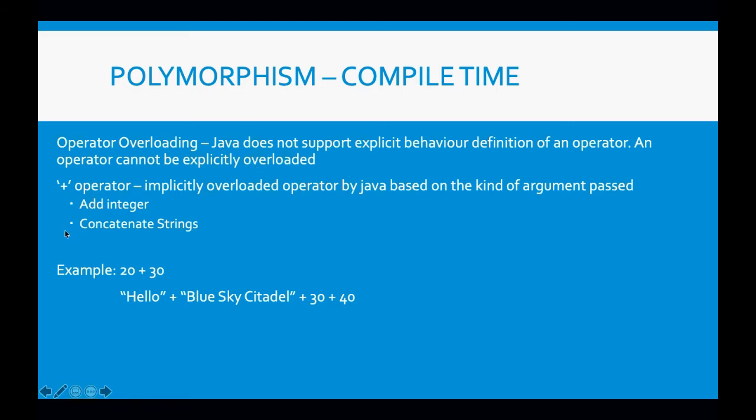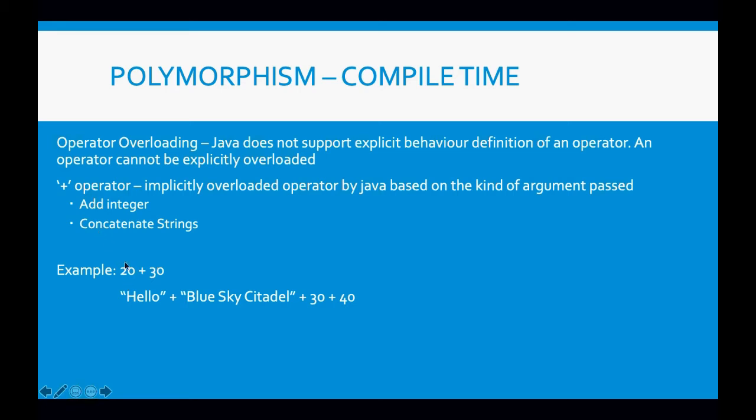However, we've got one operator in Java that is overloaded, provided by Java, and this is the plus operator. It's an implicitly overloaded operator by Java based on what kind of argument you pass, what kind of operation you want it to perform. I'm sure you've seen it before because this plus can be used to add 2 integers or 2 doubles or 2 numbers, and can also be used to concatenate strings. So you can add strings together.